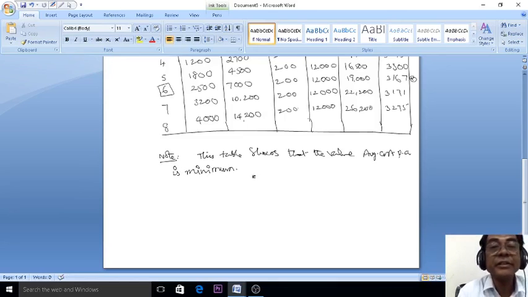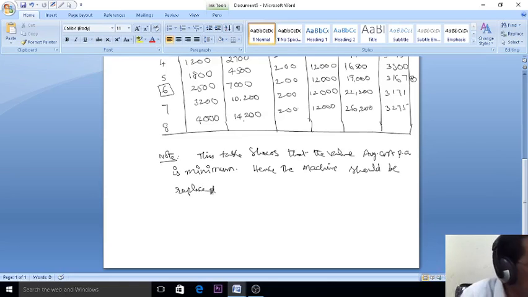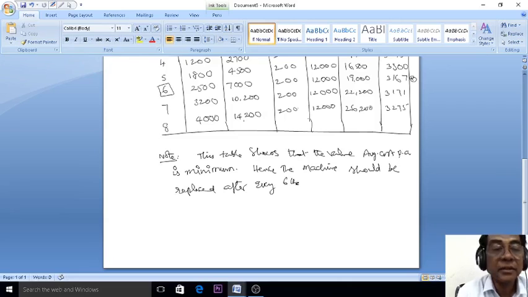Hence the machine should be replaced after every 6 years. That's all. So the statement is very important.